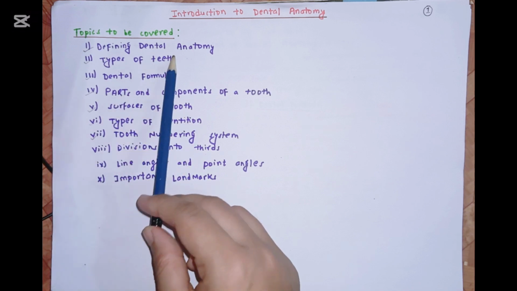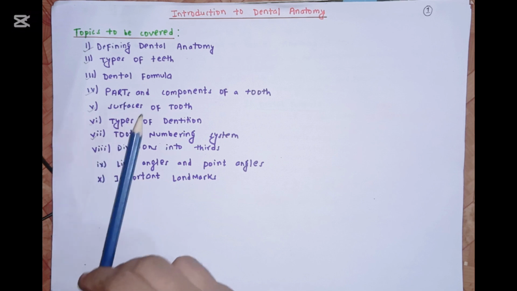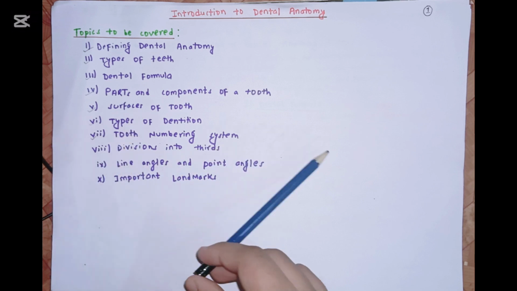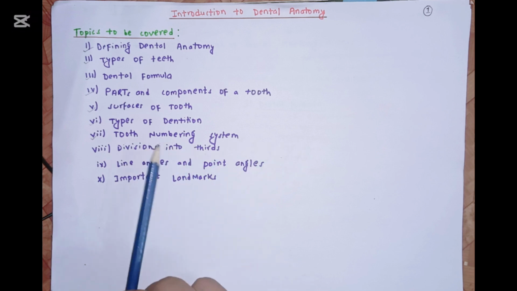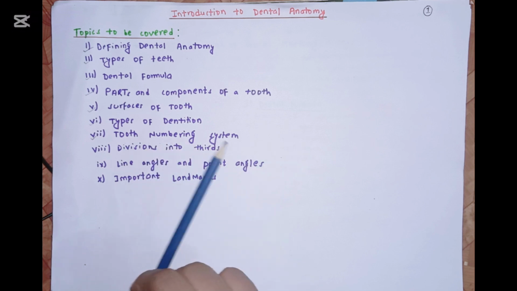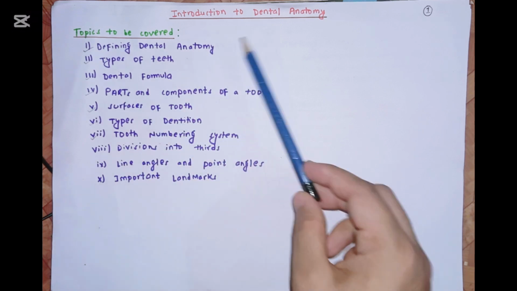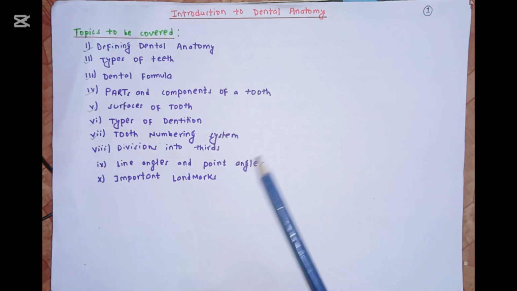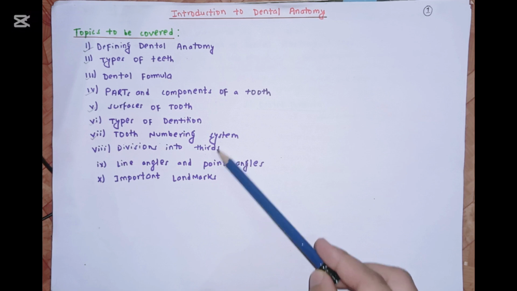There are a total of 10 topics, and I will be delivering them in 2 videos. In the first video I will cover the first 7 topics, and after that I will cover the last 3 topics.